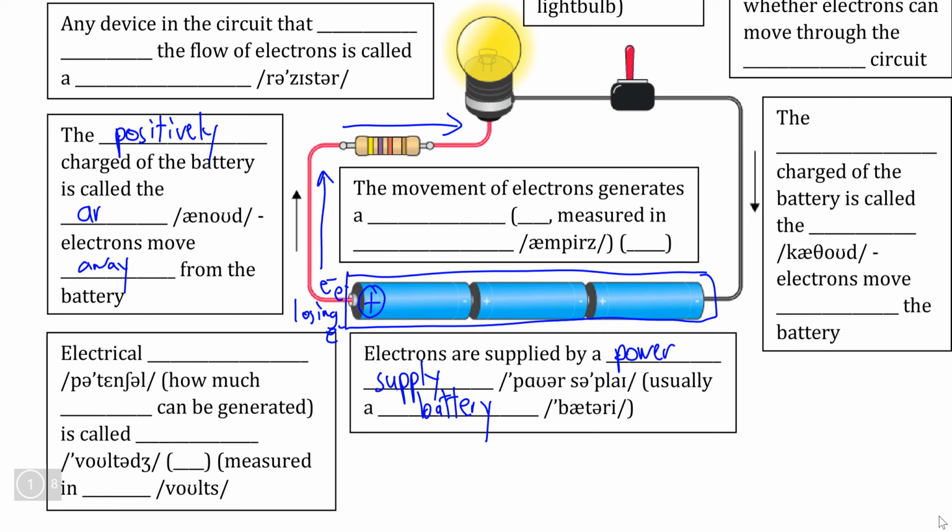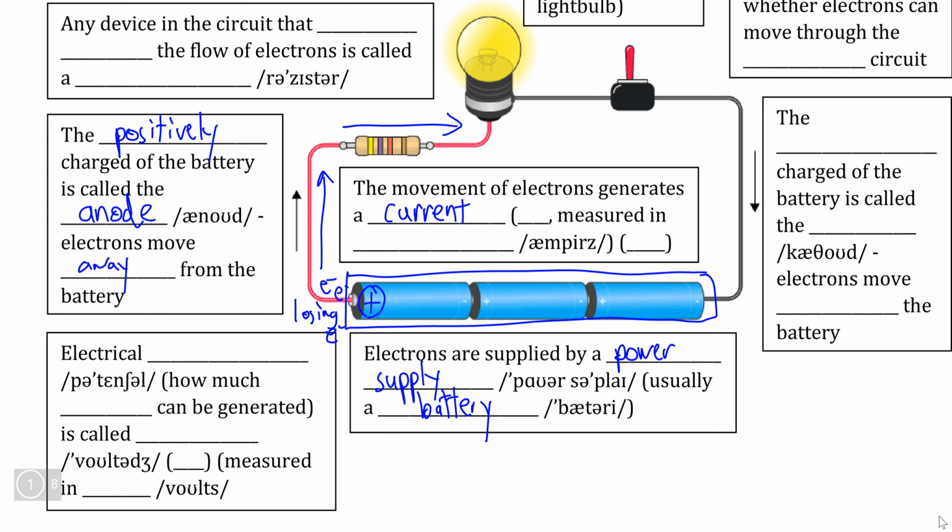This side of the battery is technically what we call the anode, and when the electrons leave this side of the battery, this creates what we call a current, the constantly moving flow of electrons from one end of the battery to the other.